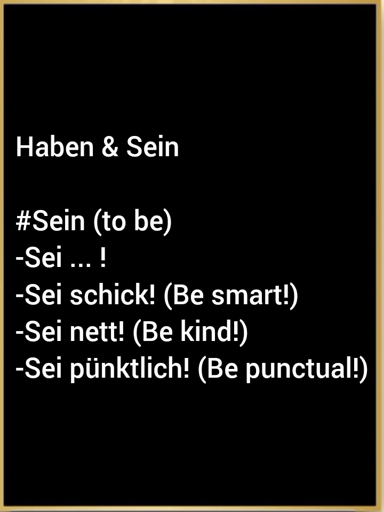Instead, it becomes sei, S-E-I, which means be. Like, be smart: Sei schick. You saw in the Sie form it is seien Sie, but in du it is sei. Sei schick, be smart. Sei nett, be kind. Sei pünktlich, be punctual.